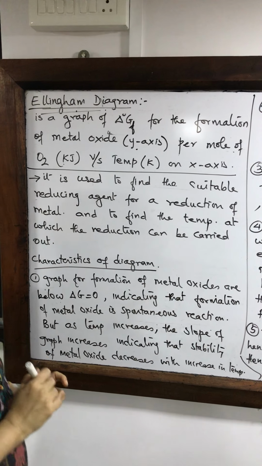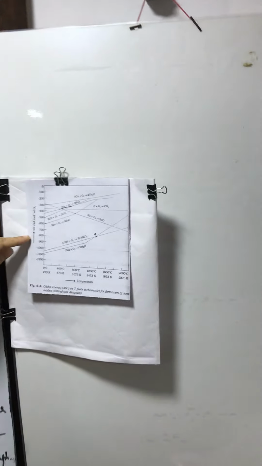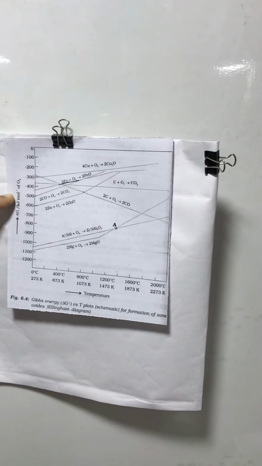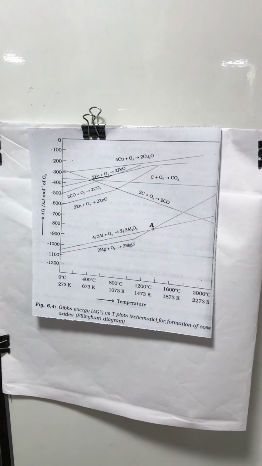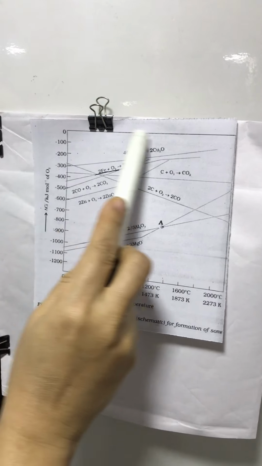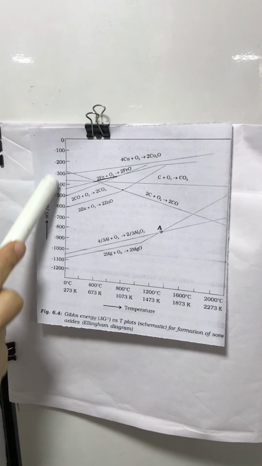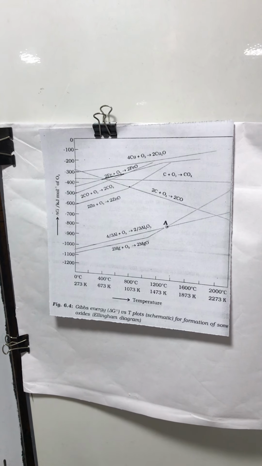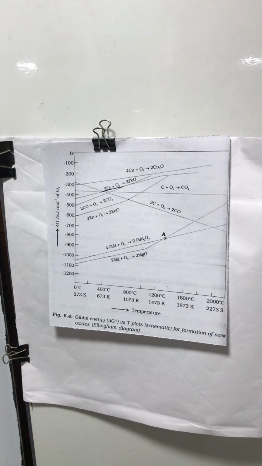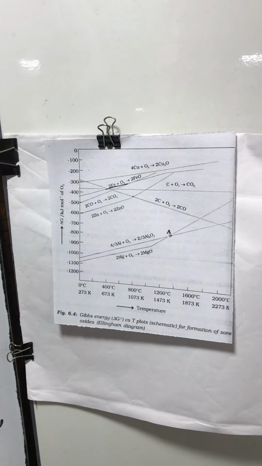Now let us have a look at the graph. The graph for Ellingham diagram is a plot of delta G on the y-axis and temperature on the x-axis. You will see in this graph that this is zero value. All the values plotted are negative, and in thermodynamics we have studied that if delta G value is negative, that means reaction is spontaneous.